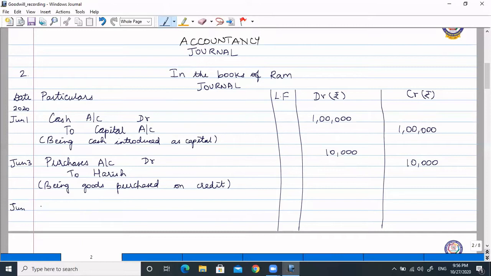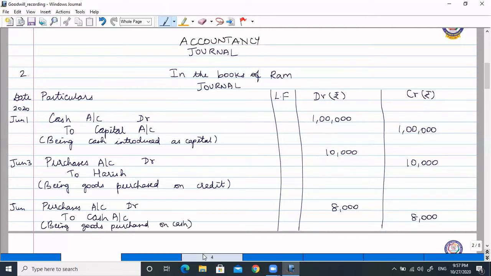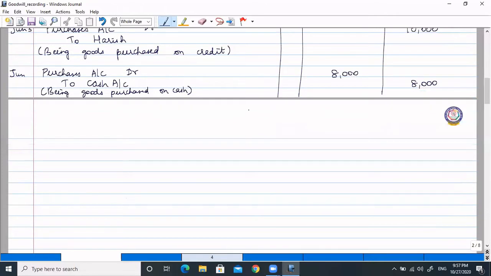Okay, so purchases account debit to cash account, and the amount is rupees 8,000. Okay, and write the narration as being goods purchased on cash. Right. Next.